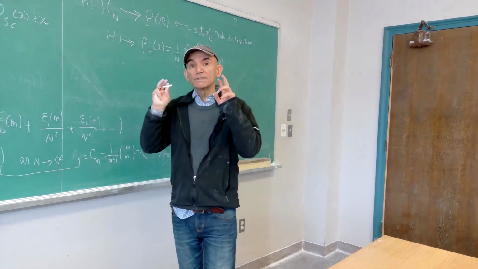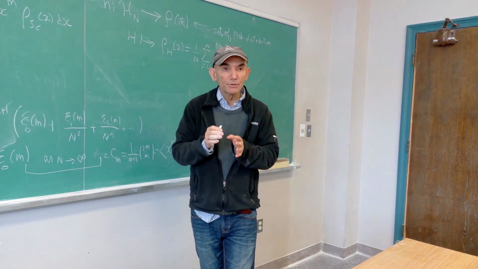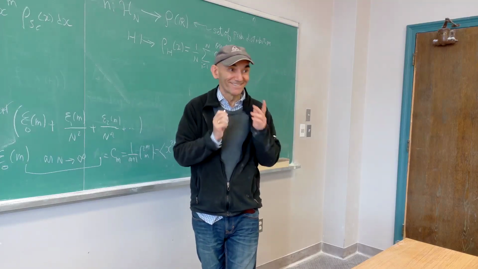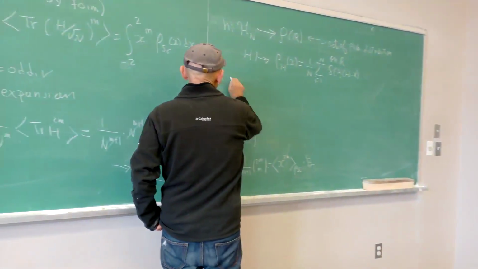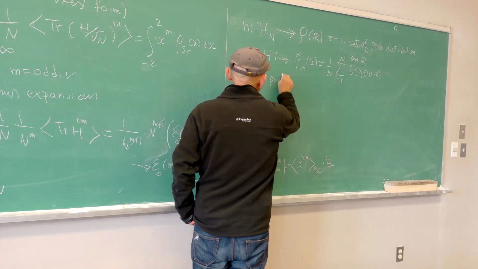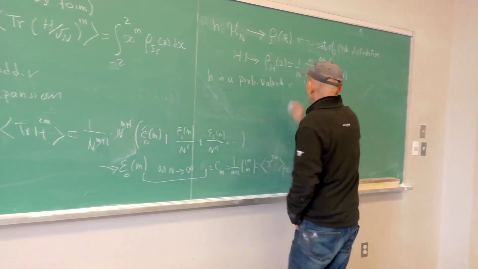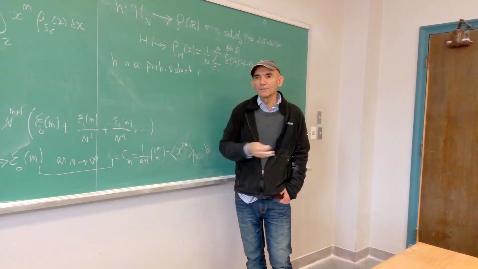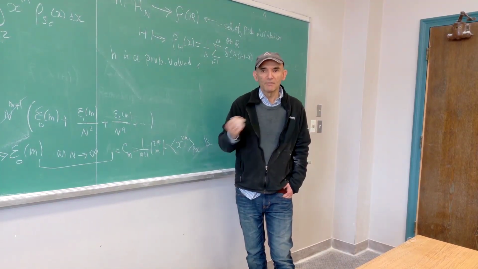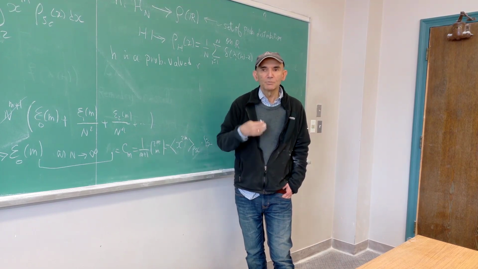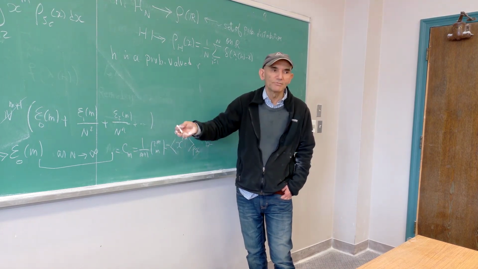Okay, so what is the right way to think about H? H is a probability valued random variable. It's a crazy thing. Usually random variables that we work with are real valued or complex valued. And then we learn that there should be also vector random variables, there should be matrix random variables, but now this is a probability valued random variable.